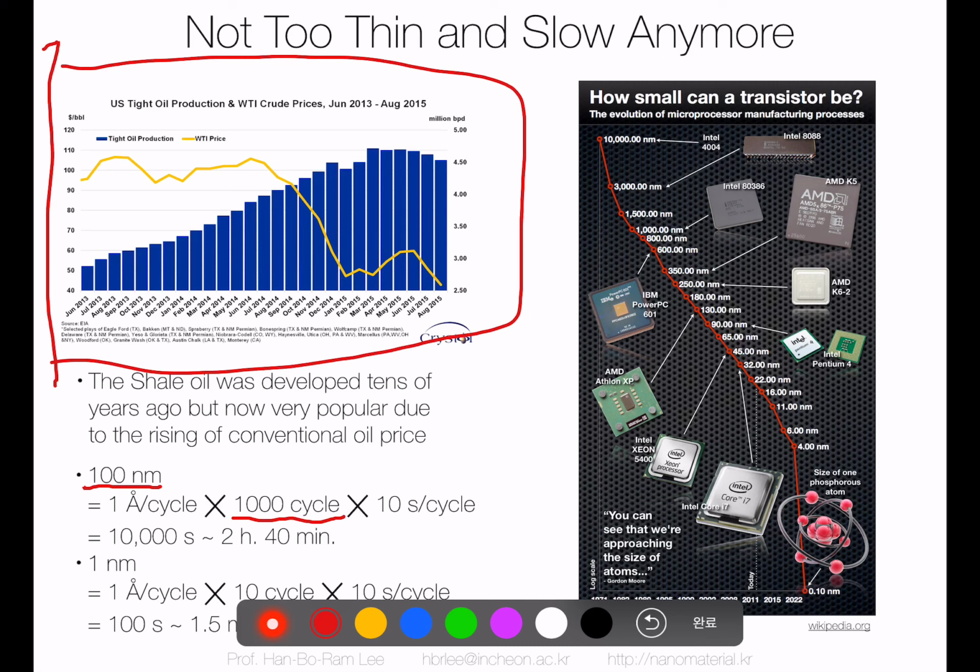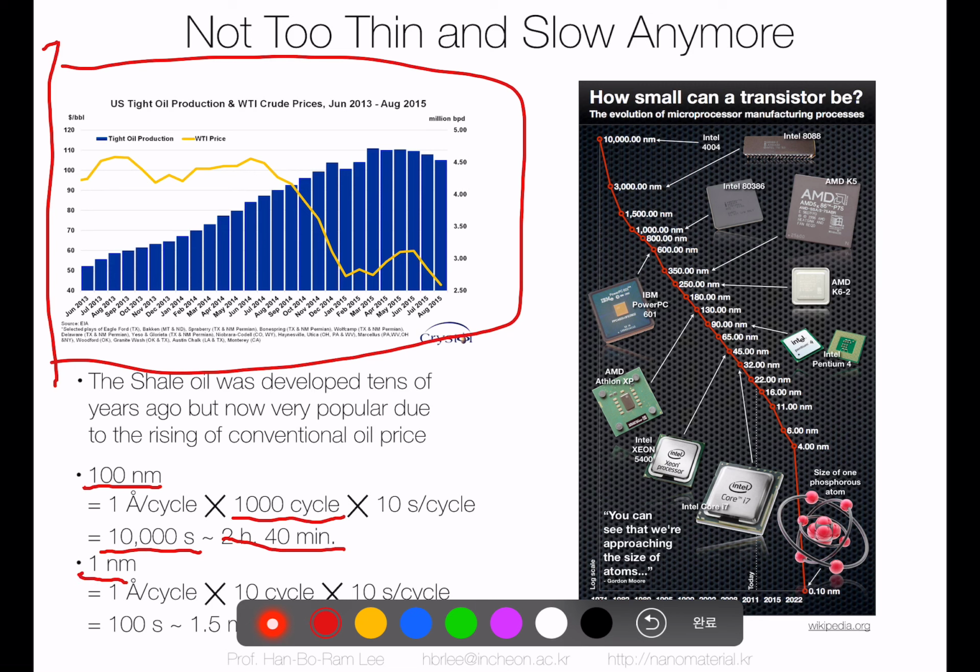For example, if one cycle takes 10 seconds, the total time is almost 10,000 seconds, that is 2 hours and 40 minutes to deposit a 100 nanometer thin film. So we have to spend almost 2.5 hours. That is not usable in high volume manufacturing. Probably it's good for lab scale, but not for commercial scale.